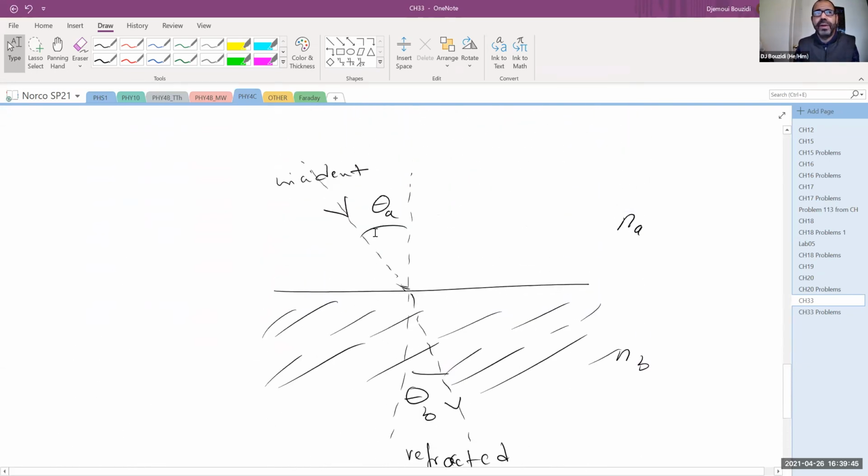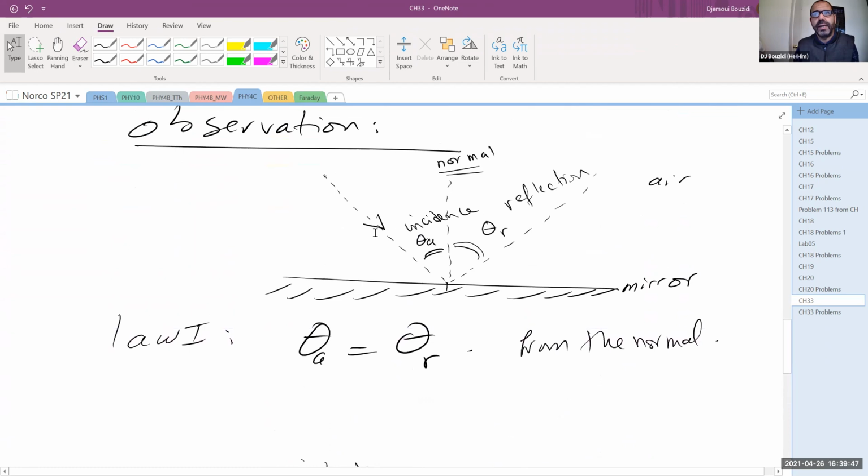So what Fermat's principle is saying is, in going from point A to point B, light takes the least time. We're going to show that if it has to hit this mirror, this is the least time in such a way that the angle of incidence is equal to the angle of reflection.